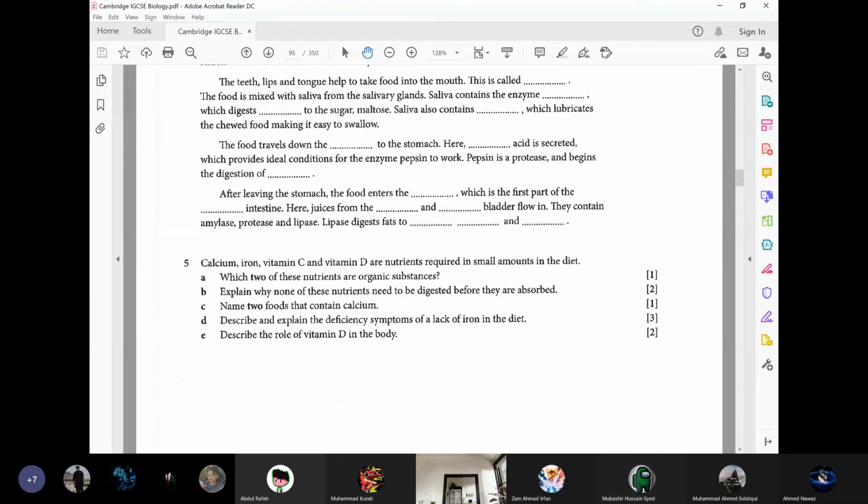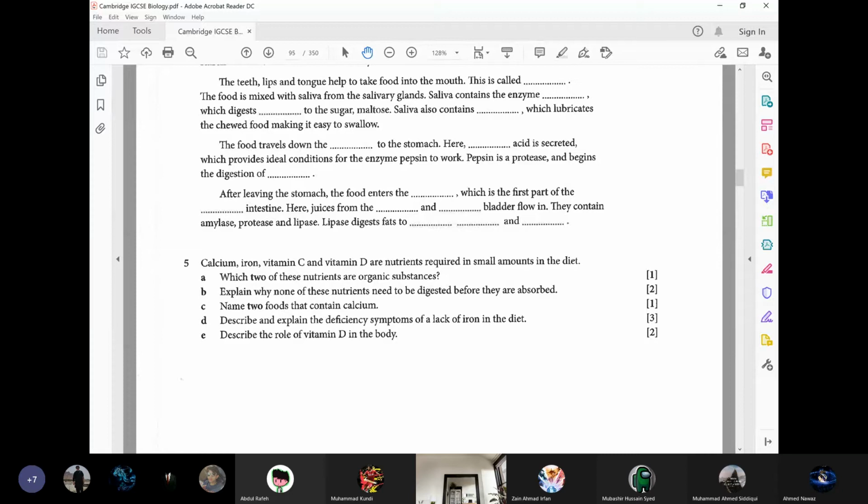The food travels down the dash to the stomach. Esophagus. Very good. Here, dash acid is secreted. Hydrochloric. Very good, which provides ideal conditions for the enzyme pepsin to work. Pepsin is a protease and begins the digestion of dash.